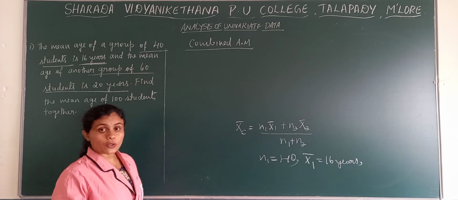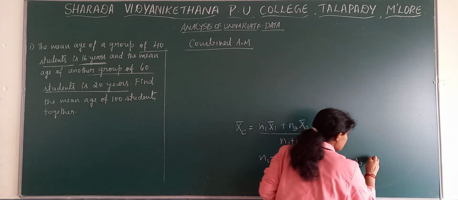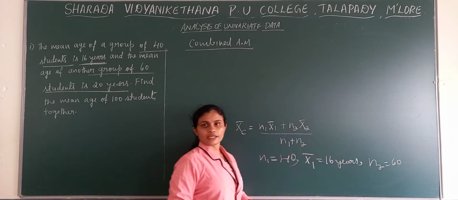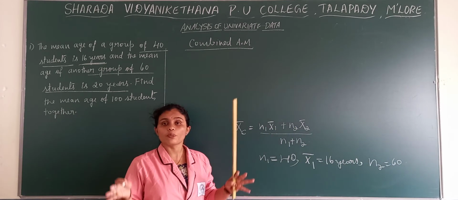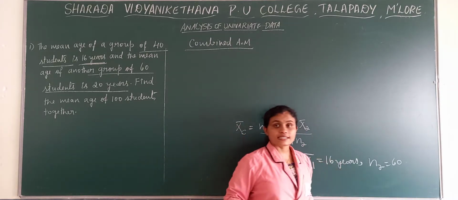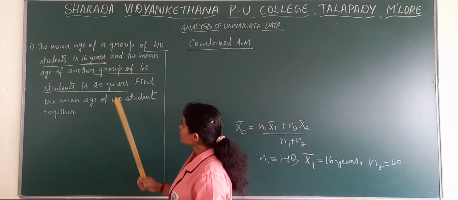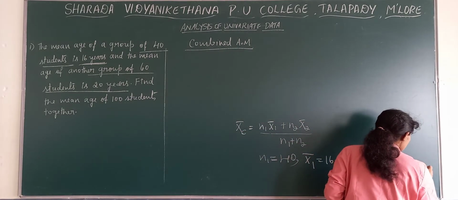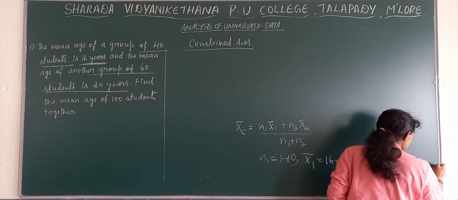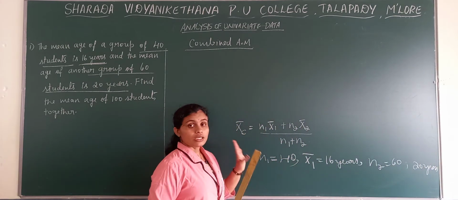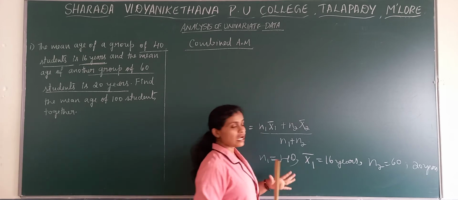Then another group of 60 students, that is n2 equal to 60, the number of observations, and their mean is 20 years. So now we need to find the mean of these 100 students.